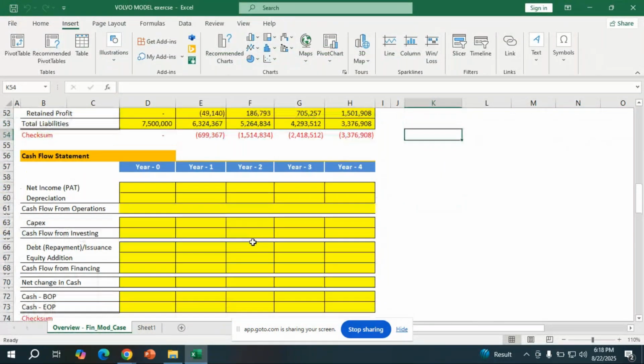Okay, so what is a cash flow statement? A cash flow statement is a statement having the summary of our inflows and the outflows of cash. Of course, I'll give you detailed information about the cash flow statement.